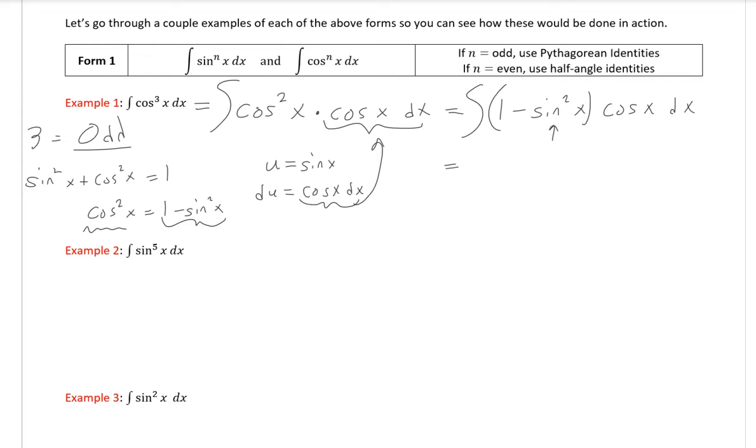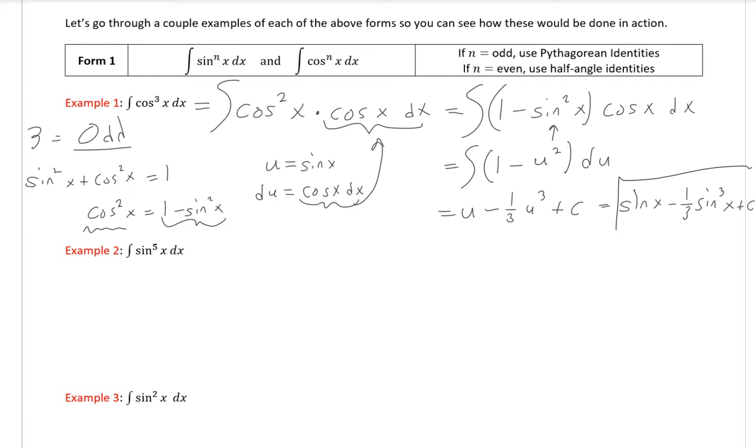That means that this integral simply becomes the integral of (1 minus u squared) du. So therefore, if we integrate that, we get u minus 1/3 u cubed plus c. So if we plug back in u, which was sine, we get sine of x minus 1/3 sine cubed x plus c. And that's what we're looking for.